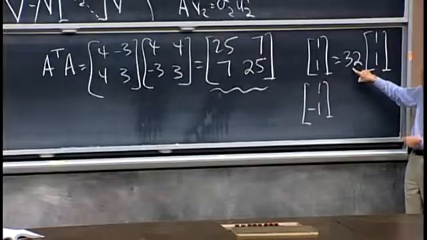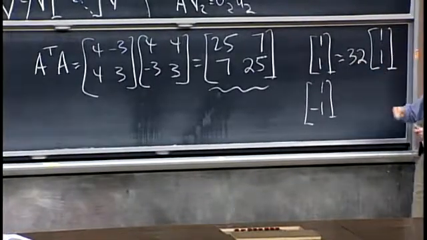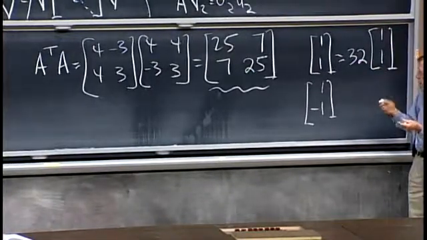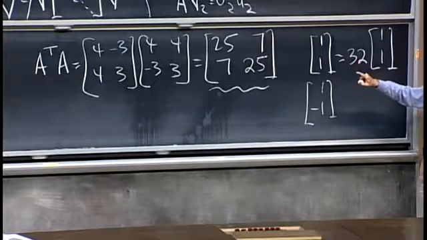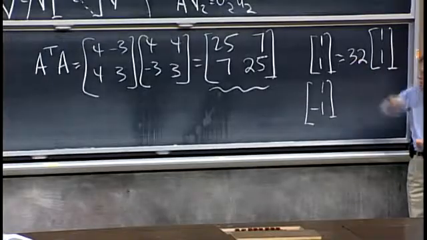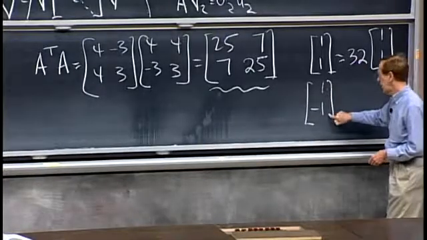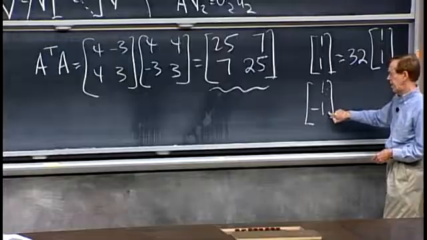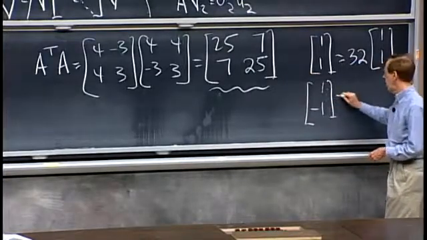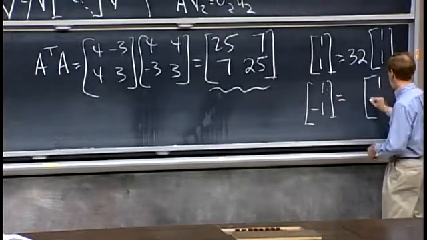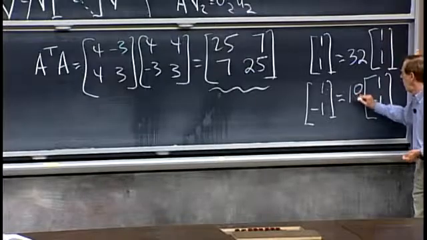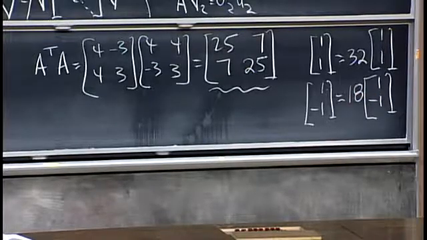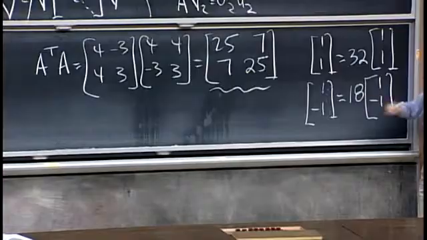And there's the eigenvalue for A transpose A. So I'm going to take its square root for sigma. Okay, what's the eigenvalue that goes with this one? If I do that multiplication, I get some multiple of 1, minus 1. And what is that multiple? Looks like 18. Okay, so those are the two eigenvectors.